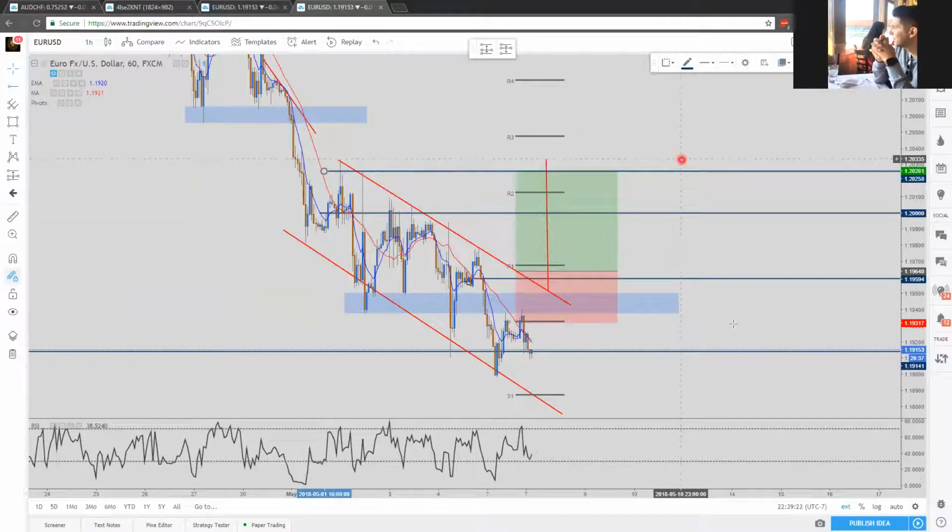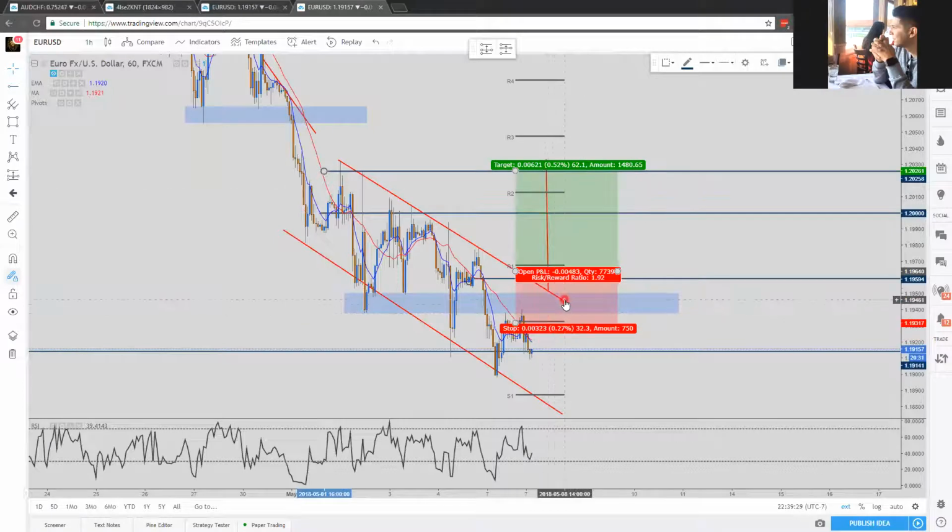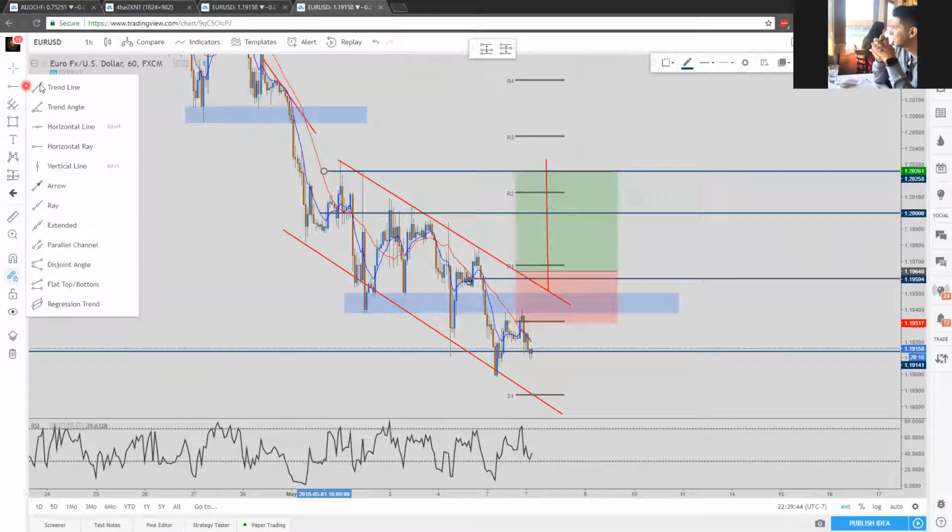So that's how I got my take profit level of 621 micro pips, and then the stop is 323. So it's about a 1-to-2 ratio. Once it does break through and hit, then overall it should continue going in the uptrend.